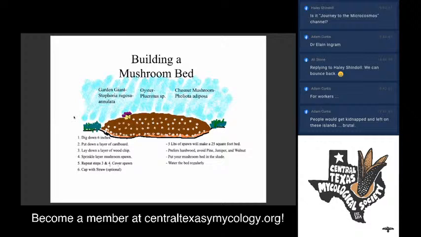Hardwoods refer to things like oaks. Around here, I'm going to talk about trees from around here, like oaks and hackberries and mulberries, things that don't have really high resinous wood. They don't grow cones. They don't have needles. Those are the kind of things you're going to want to avoid.